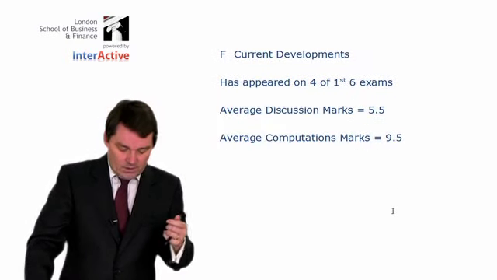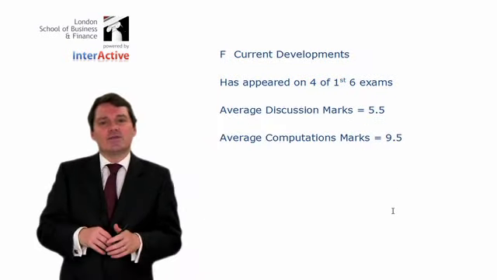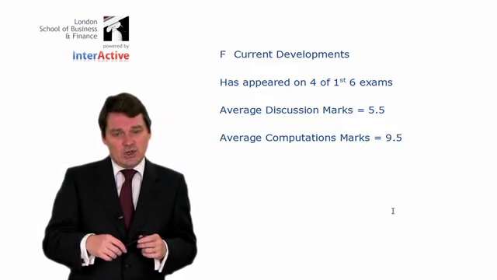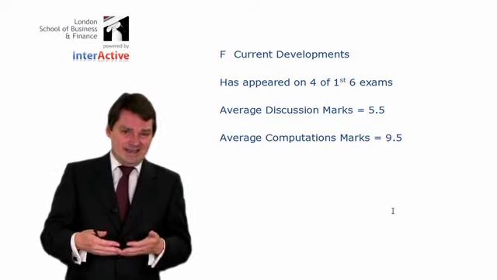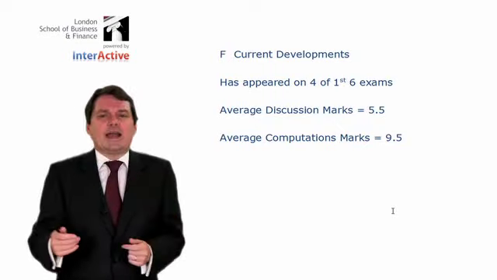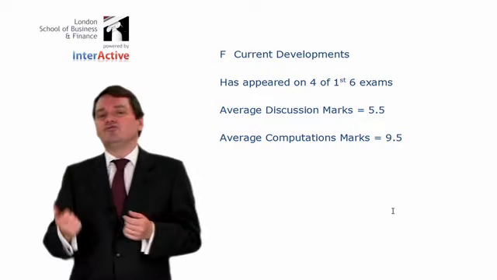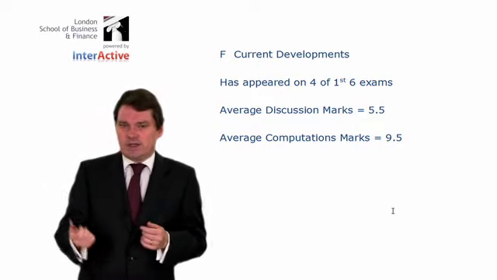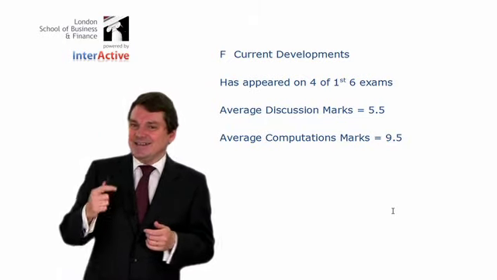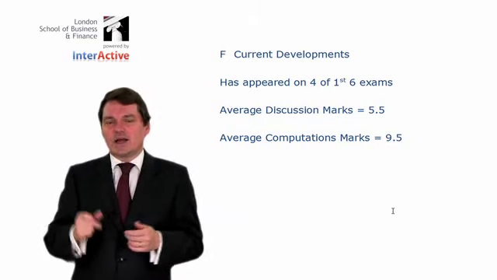Final syllabus area that we have, Section F, on current developments. Now, all this basically is about management accounting techniques that are relatively recent. Now, I use the word relative because we're actually not really talking about things that are cutting edge.